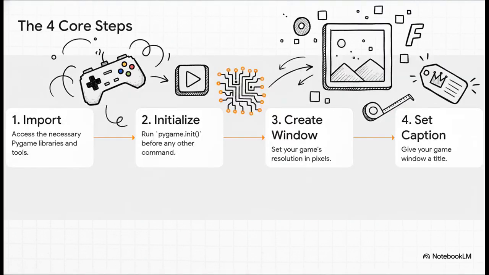And you'll see this pattern over and over. First, you import the code libraries you need. Second, you wake up Pygame with one simple little command. Third, you create the window itself, telling it how big to be in pixels. And finally, you give your window a name, a caption in the title bar. These four steps are basically the opening lines to almost every game you'll ever build.